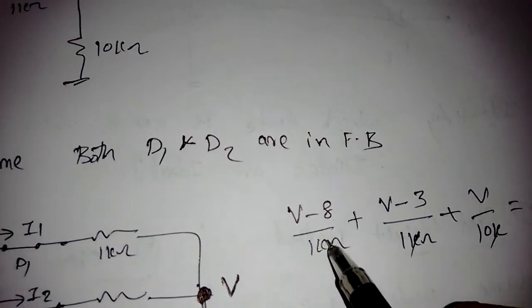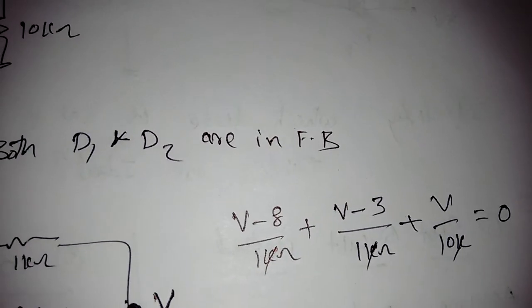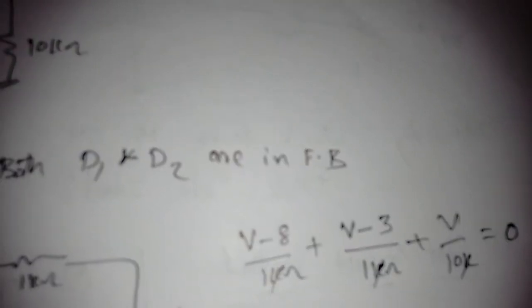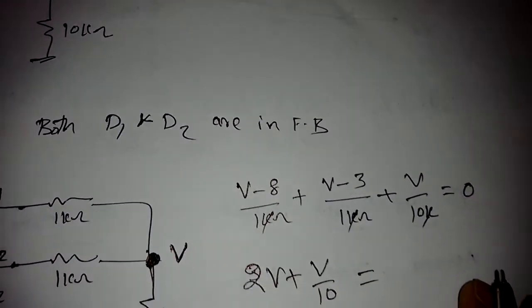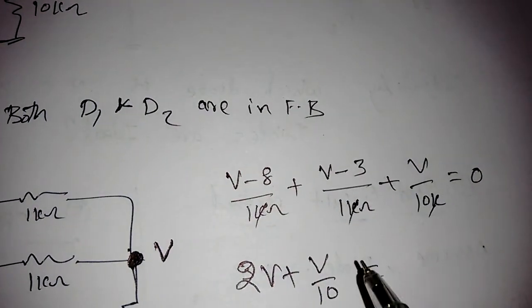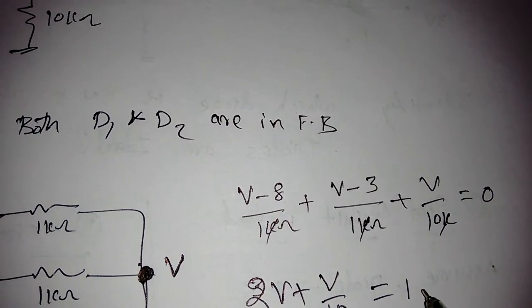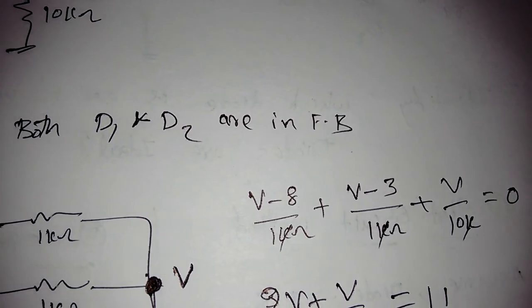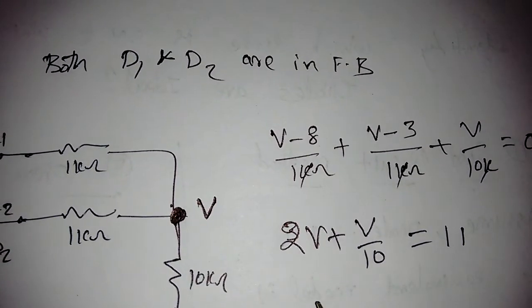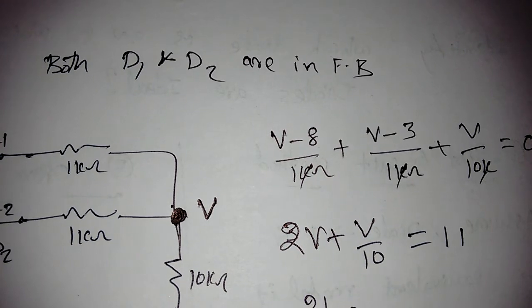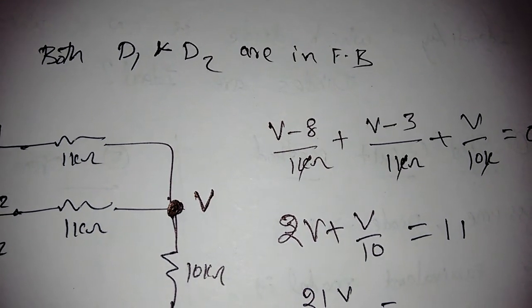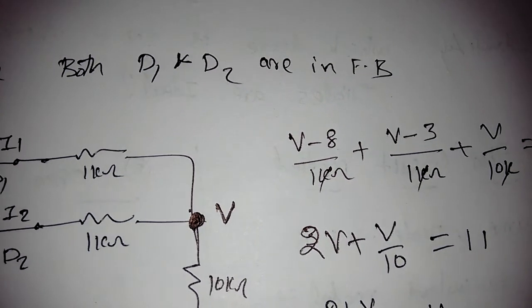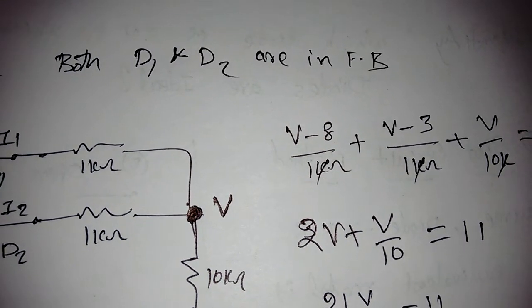The kilos are common, so I can cancel. This is 2V plus V by 10 equal to 8 plus 3, which is 11 volts. So 21V by 10 is equal to 11, so V is equal to 110 by 21.